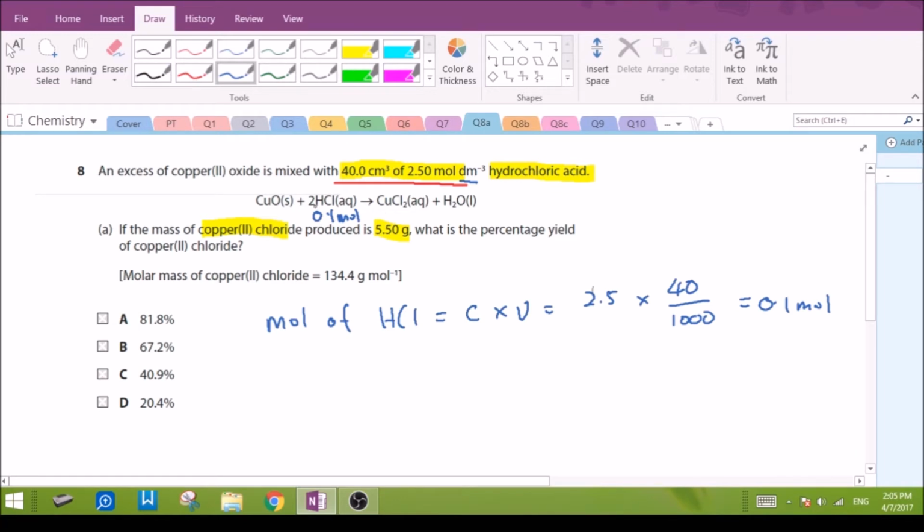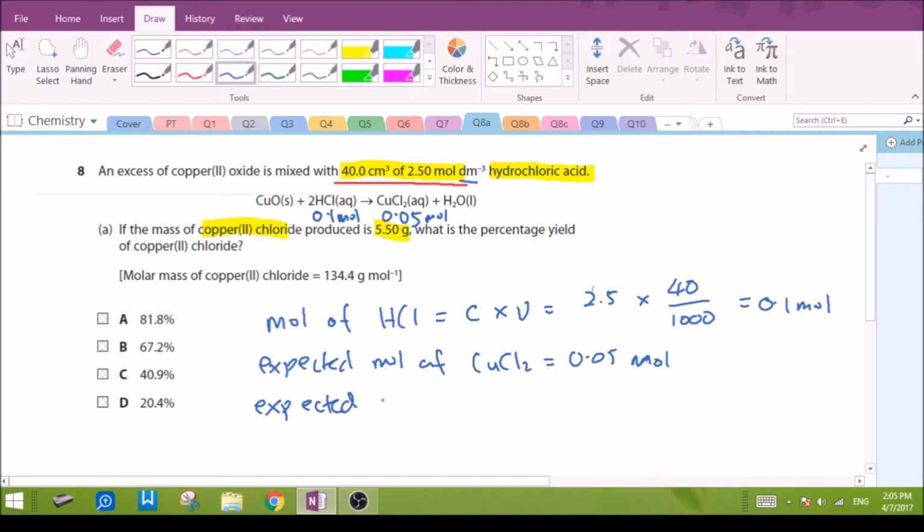The ratio is 2 to 1 for the acid and copper chloride. So we will expect 0.05 moles of copper chloride. Let's write it out here: expected moles of CuCl2. So this is what we expect.